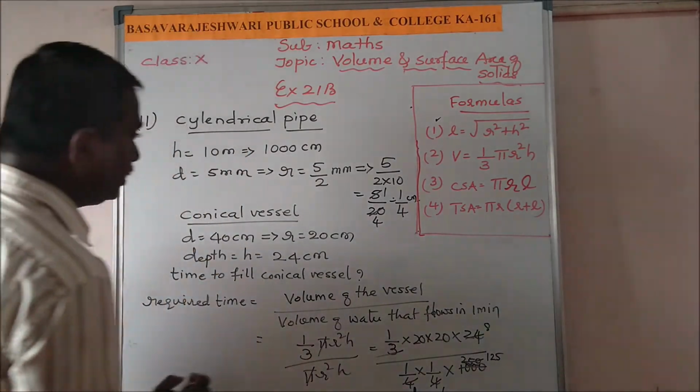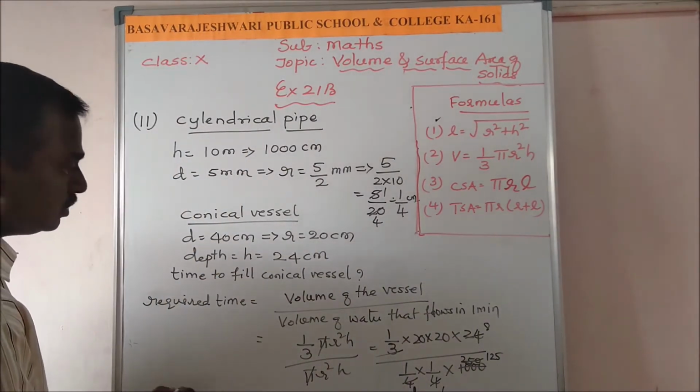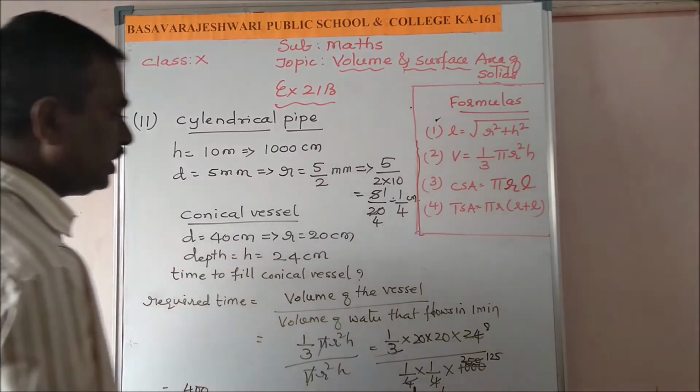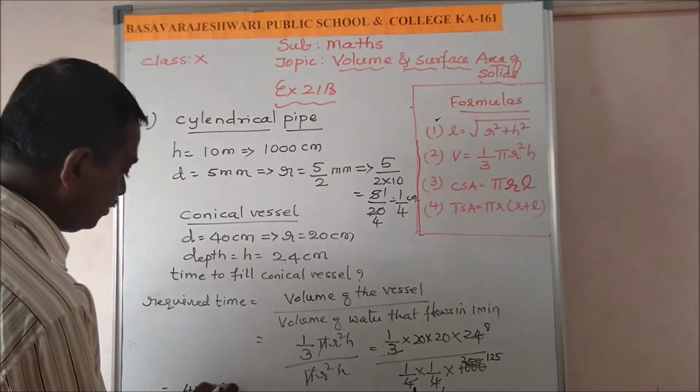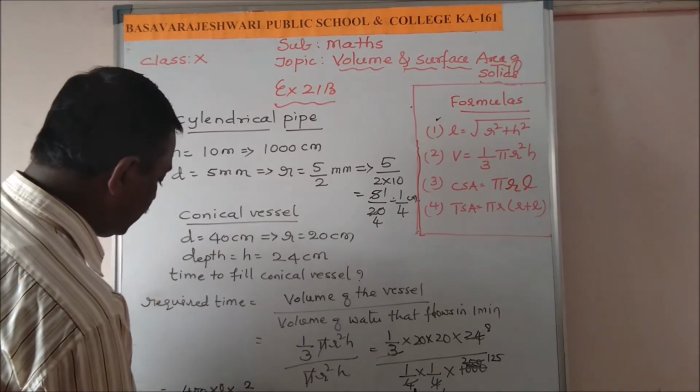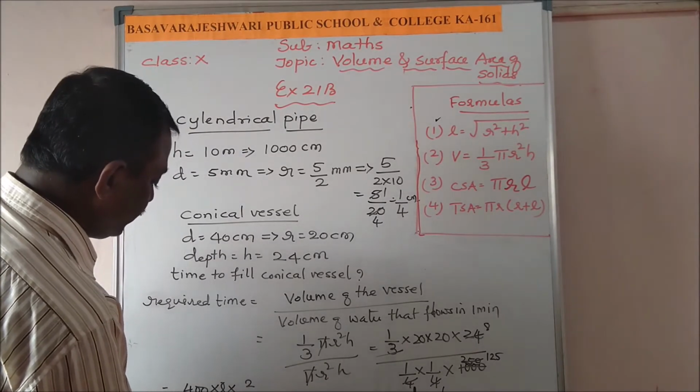So what happens here? That is equal to 20 into 20, 400, into 8, into, taking the reciprocal, 2 by 125.